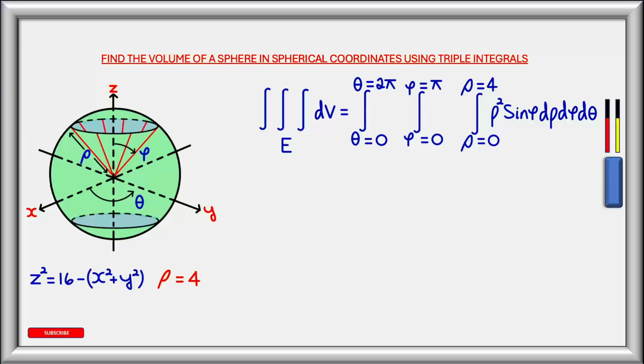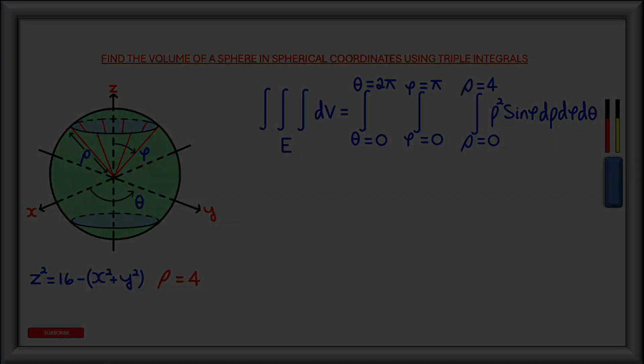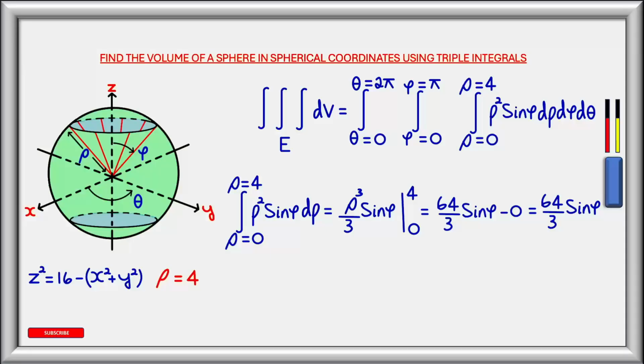So we now have our triple integral where we're integrating ρ squared multiplied by sine phi, d ρ, d phi, d theta. So let's begin the evaluation process, beginning with the integral for ρ. So we want to integrate from ρ equals 0 to ρ equals 4, ρ squared sine phi d ρ.